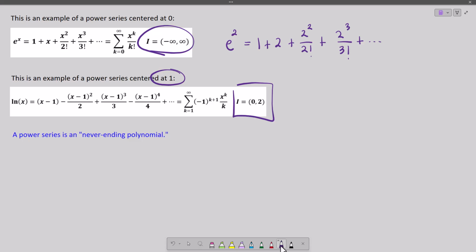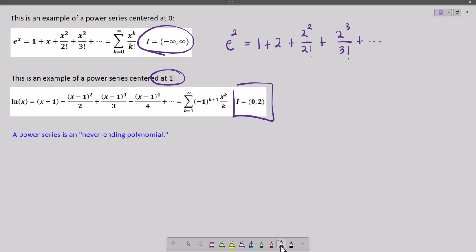Now, I'm calling them intervals of convergence. So we are going to see the following phenomenon. Notice that the 1 is dead center of the 0 and the 2. We are going to see that whatever the center is, you will generate convergence in a symmetric interval around that center point.